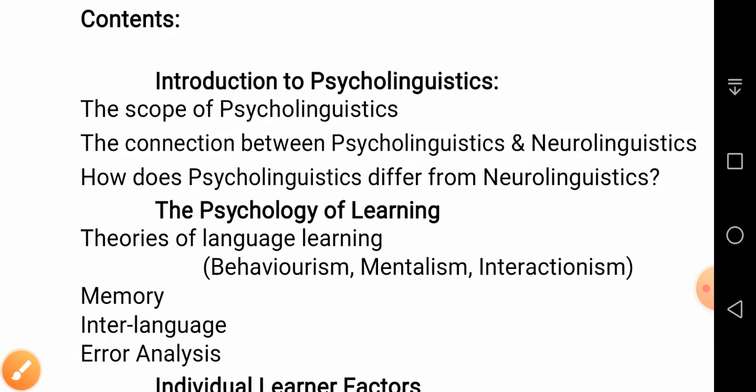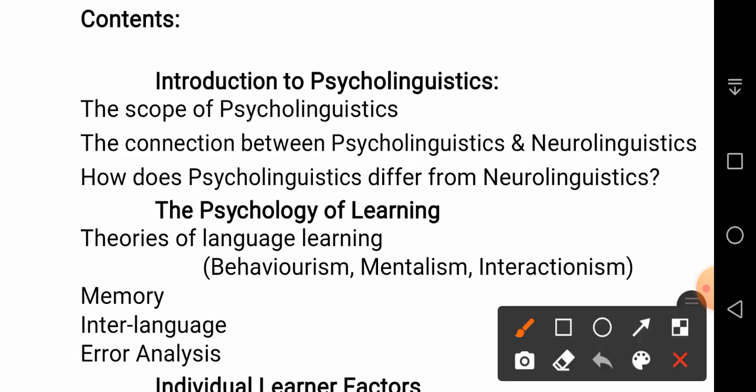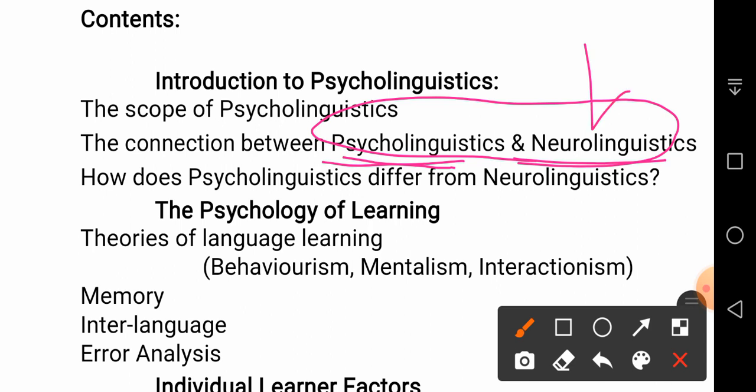Now, the scope of linguistics, then the connection between psycholinguistics and neurolinguistics. There is a very important connection between the two. The physical properties of the brain, like where language is actuated, how we learn language, how we speak language, how different tests are applied to the brain.